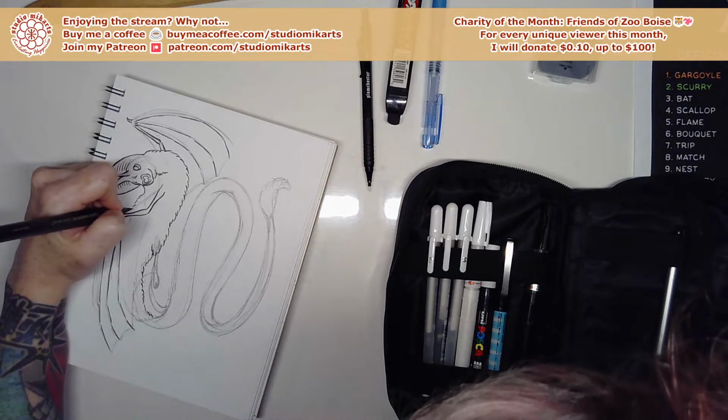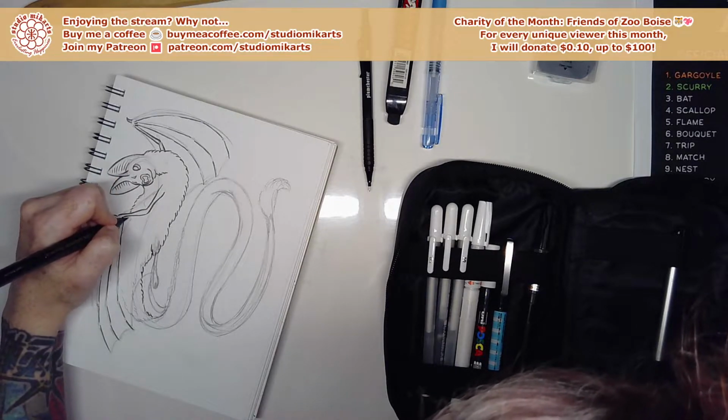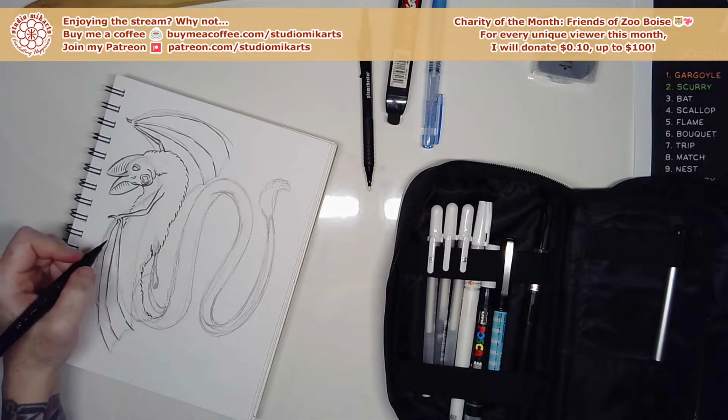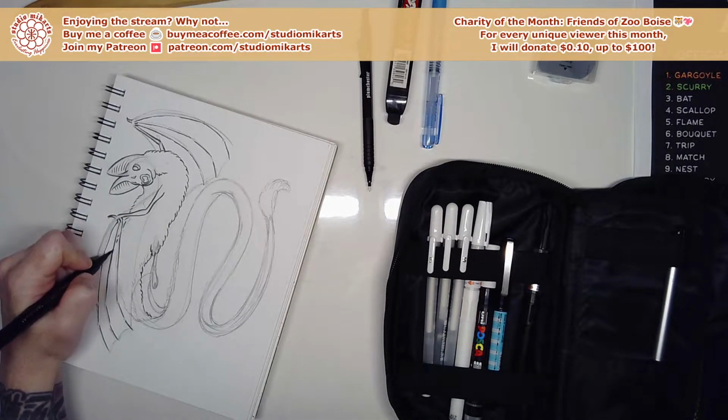On the back, I need to be careful. Some stuff is see-through, other stuff is not see-through.